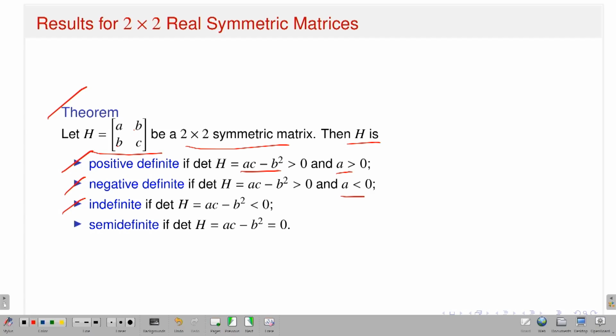Indefinite means the determinant is negative, that means AC minus B square is less than 0, and semi-definite means the determinant is 0. Therefore, if I have a 2 by 2 symmetric matrix, then I can talk about positive definite, negative definite, indefinite, semi-definite in terms of the determinant of the matrix along with the sign of the 1, 1 element A. That will be useful later when I talk about a function from R2 to R, then the corresponding Hessian matrix will be a 2 cross 2 symmetric matrix, if I assume some nice conditions on f.